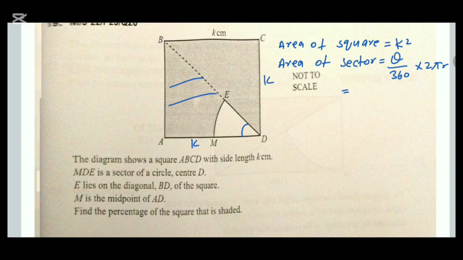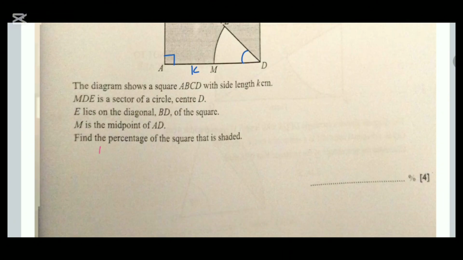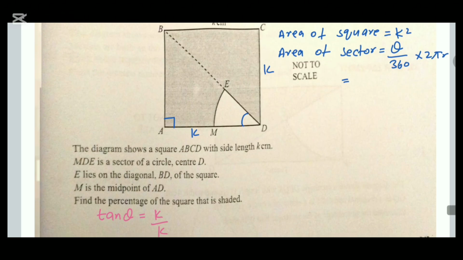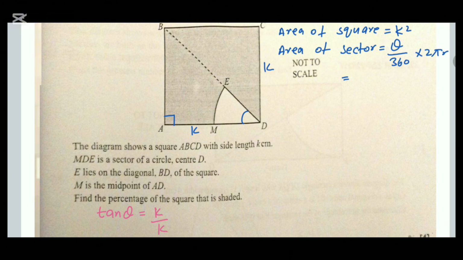So this is, you can say, right angle triangle. So this is a right angle triangle, so it means you can use here trigonometric ratio. So here we can use tangent theta is equal to k over k. So if you will use tangent is equal to perpendicular over base, so this is also k and base is also k.